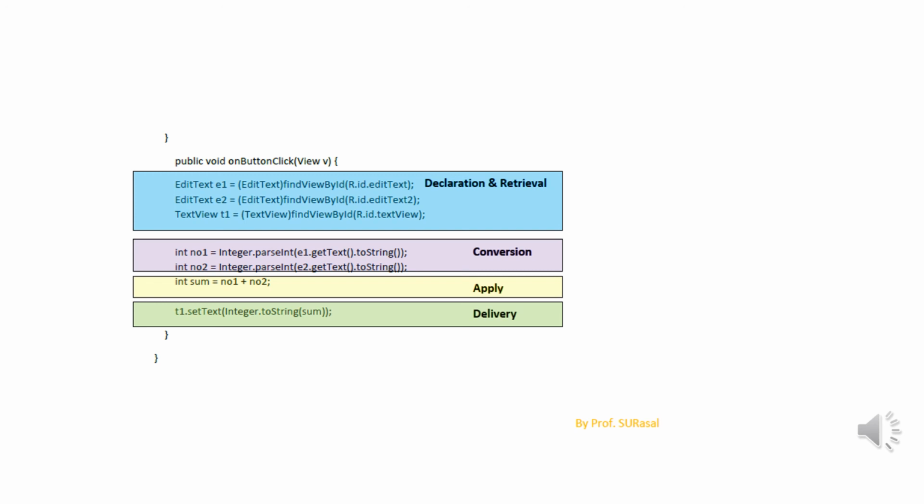Now the next step is conversion. Here is a very key point in Android application development. Always remember, whatever value is coming from your user interface is always in the form of a string value only. Even if you are typing text, or a number, or editing some different information, it is always in string format.